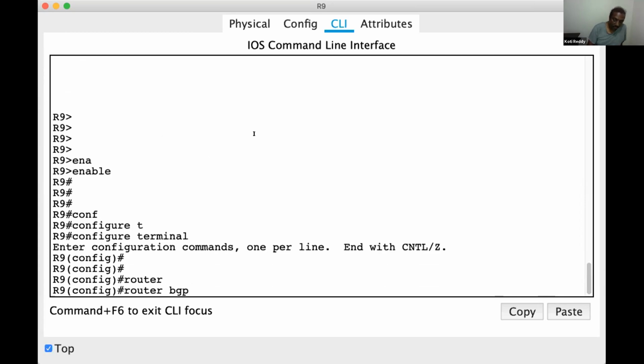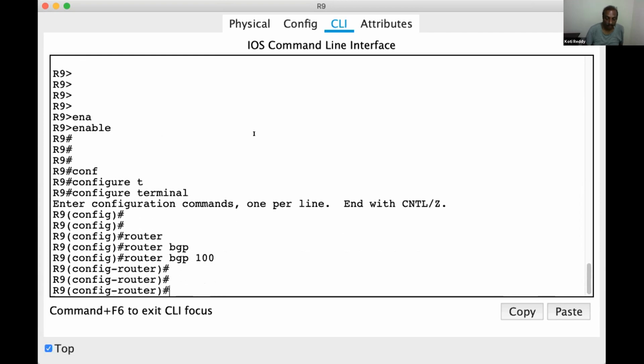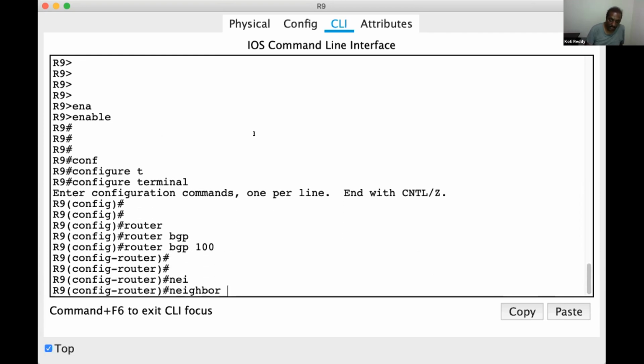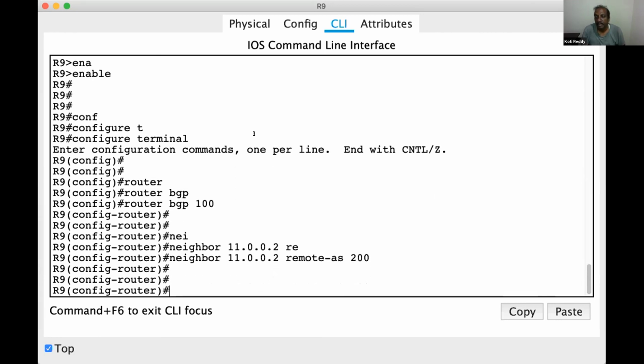Router BGP 100. I'm enabling BGP in AS100 here on the R9 router. Now I say your neighbor is 11.0.0.2. The remote AS which it belongs to is 200. Right? That's how I configure BGP on the R9 router.